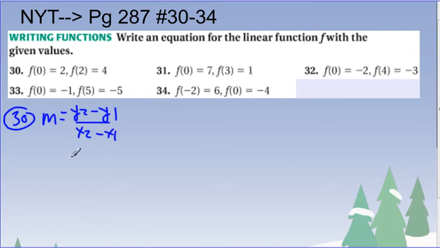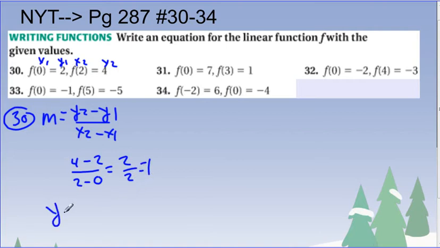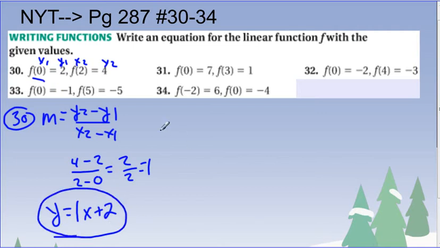With x1, y1, x2, y2, we get 4 minus 2 over 2 minus 0, which gives us 2 over 2, so we get a slope of 1. And y equals 1x, and now the intercept happens when the x value is 0, so it's a plus 2. That's our intercept. So that's number 30.